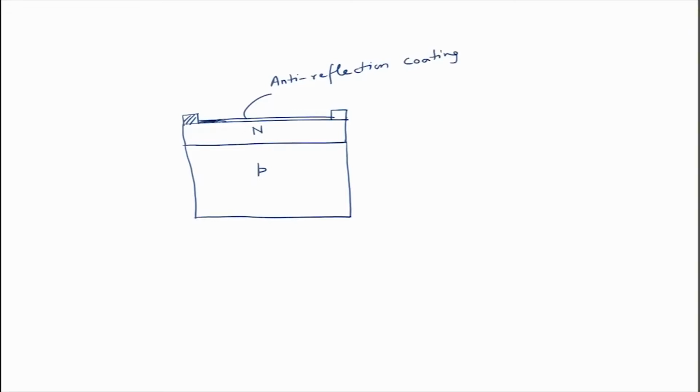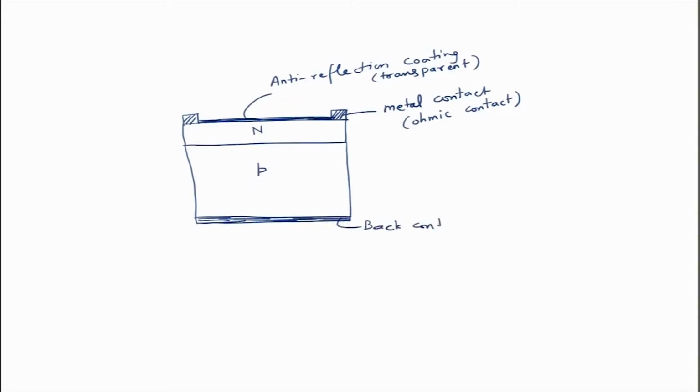It looks dark, but it should be transparent. On top you have metal contacts. The metal contacts should be conducting enough, and they should make ohmic contact with the semiconductor. Then on the back also you have a contact, the back contact, which again should make an ohmic contact, so that charge carriers are extracted efficiently.